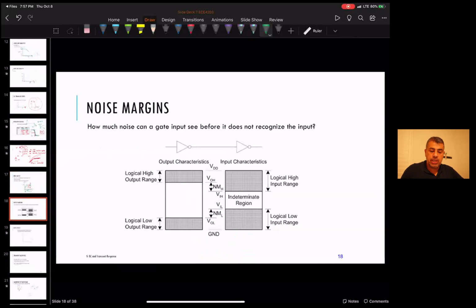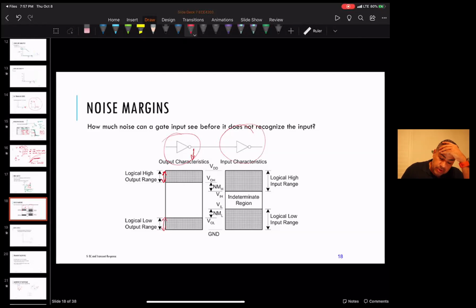The idea behind the noise margin is, let's say you have two exactly the same inverters, one driving the other. If you look at just the output of this first inverter, there is a permissible range of high output values and low output values.